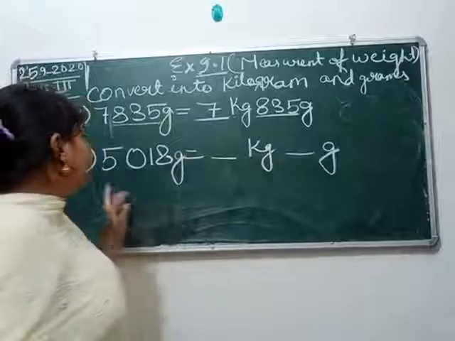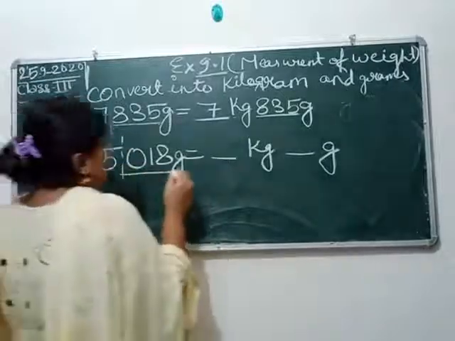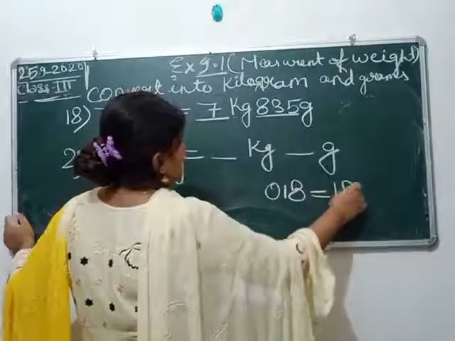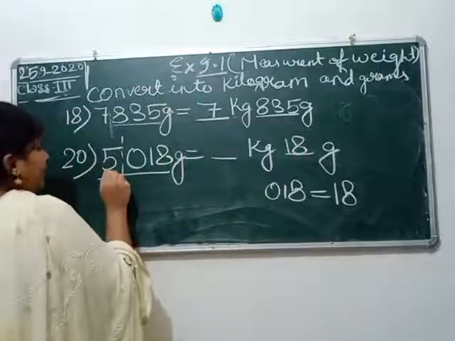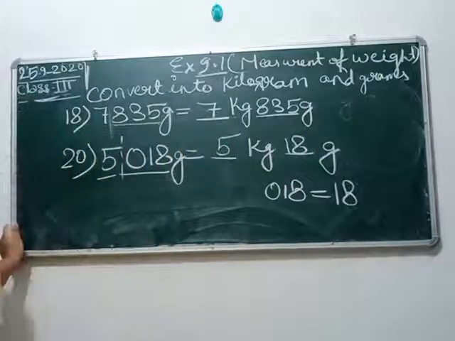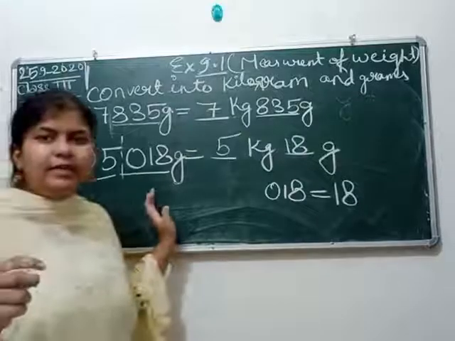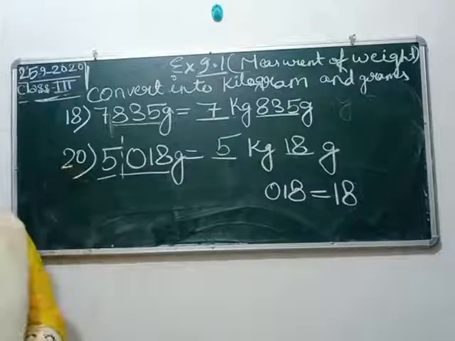Nothing else. We have 018, so 018 is equal to 18. So we will write 18 gram. Now here I am having 5. So our answer is 5 kg and 18 gram. Come on, note it down.